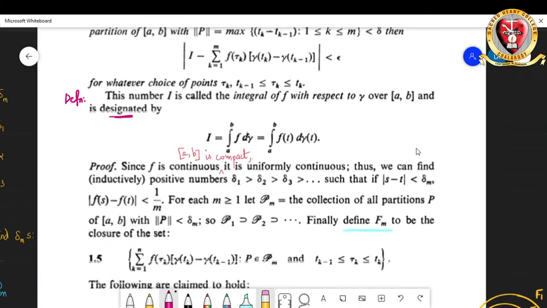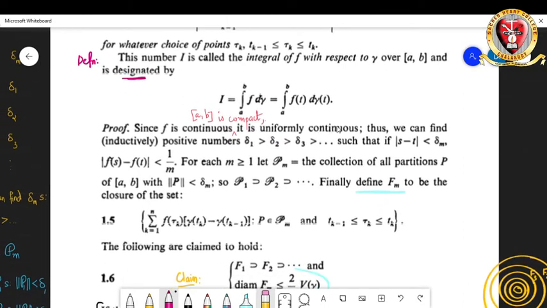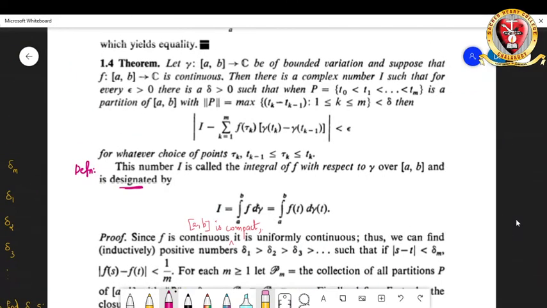As the first statement in the proof, we have f to be a continuous function. It is given in the statement of the theorem, and this continuous function has the domain closed interval [a, b], which is a compact set in the real line.